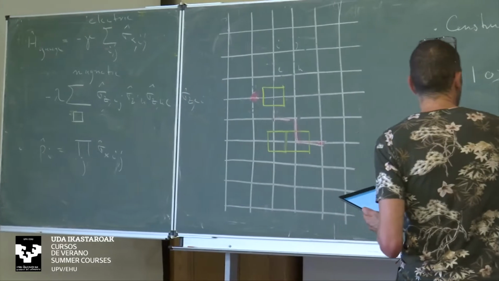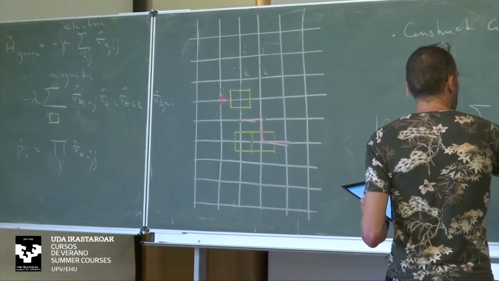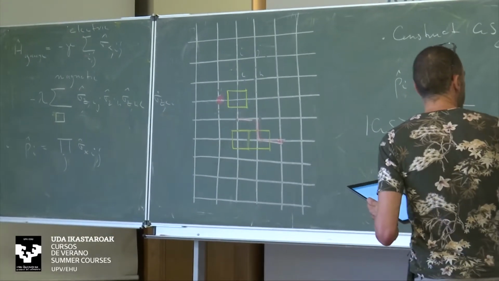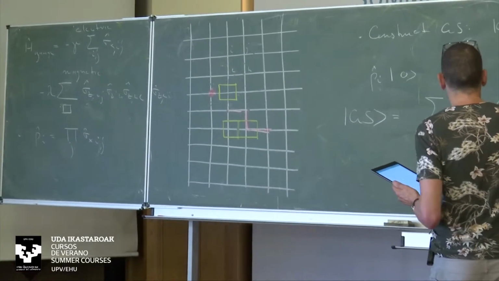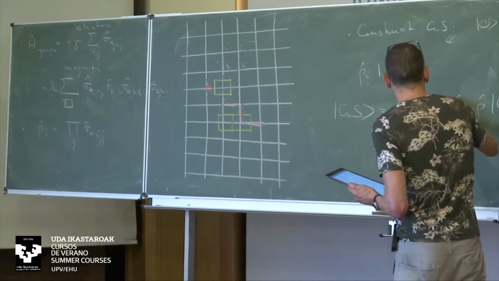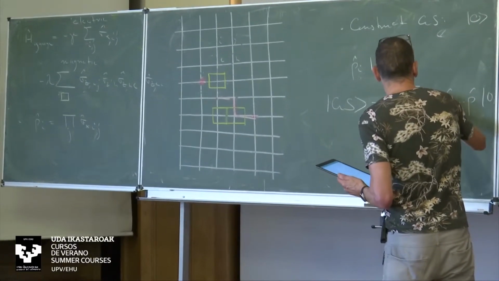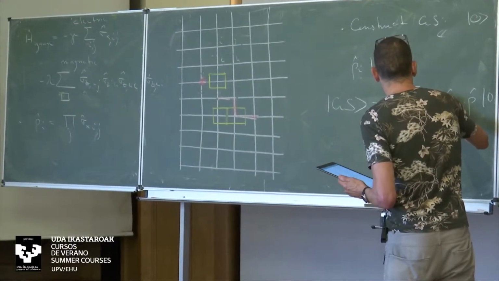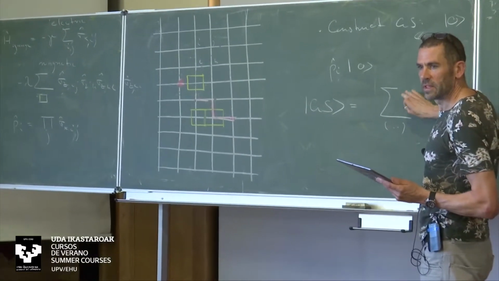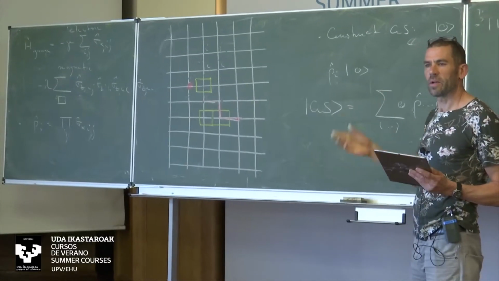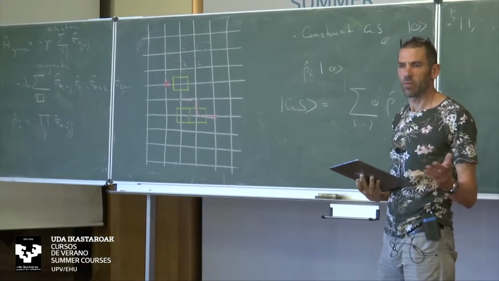Something like a big sum, big products, hitting the vacuum. And the important thing is that here you have the same prefactor, a unit equal weight superposition. It's like in superconductivity. When you construct a BCS wave function, it's done in the same way.